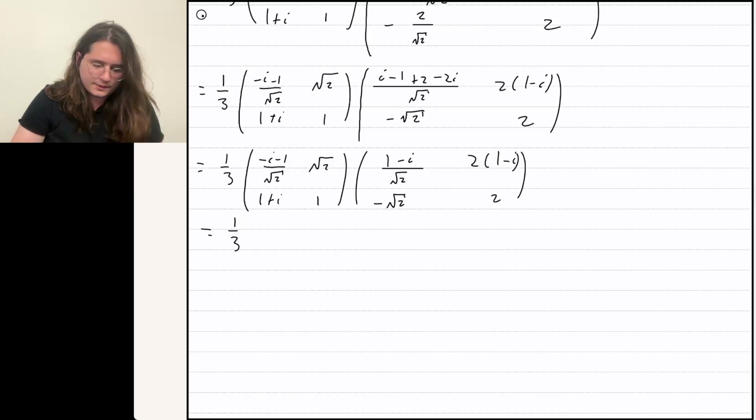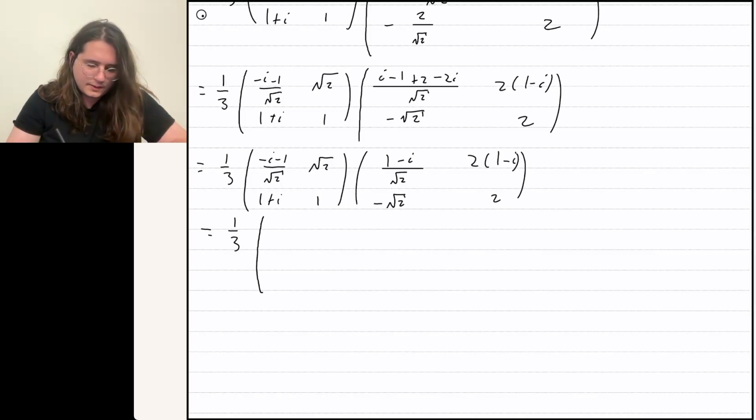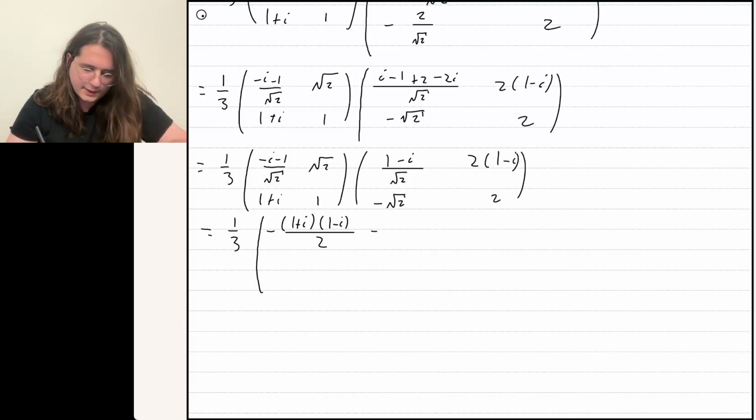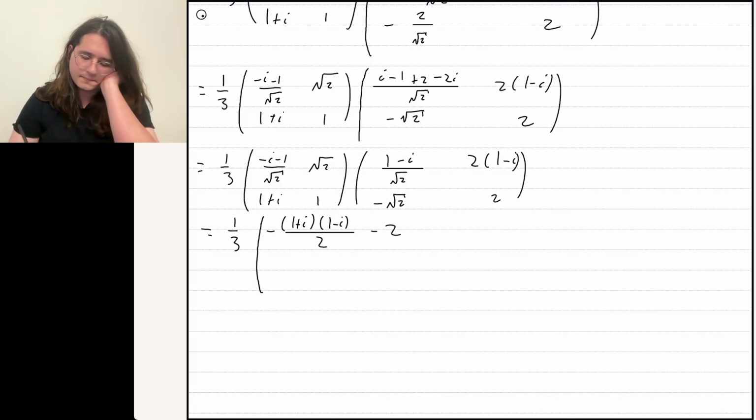So we've got 1/3 of, and then I'm going to use a big matrix here. Looks like we've got minus sign times 1 plus I times 1 minus I over 2 plus, and then it's going to be 2 root 2 minus root 2, so minus 2 here. Sure.